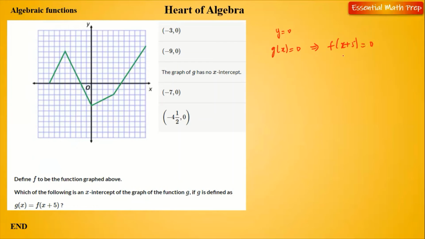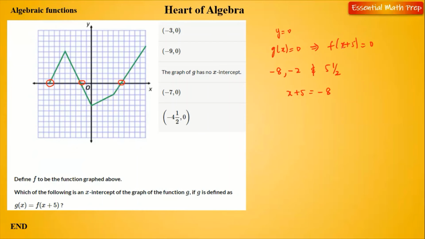Okay. What are the x-intercept points on the line? I think it's -8, -2, and 5.5. Okay, which are these points. Okay, that means if f of x plus 5 equals 0, in other words, x plus 5 should be equal to -8, right?